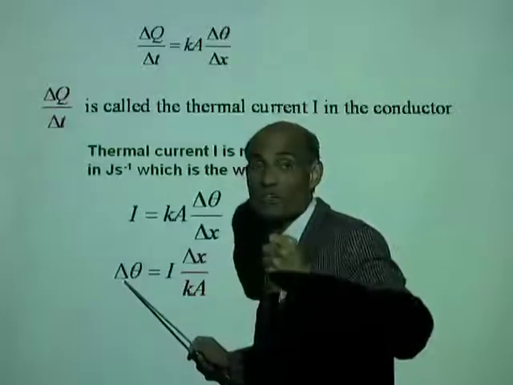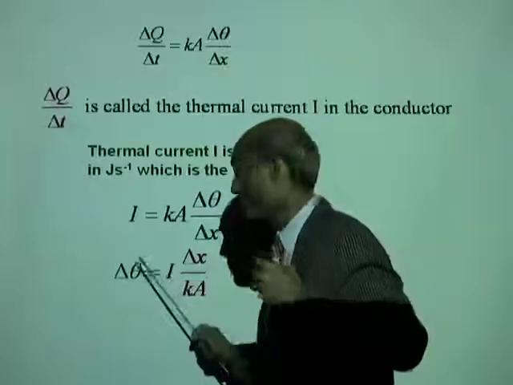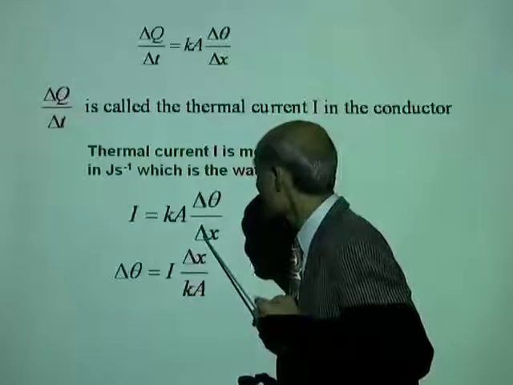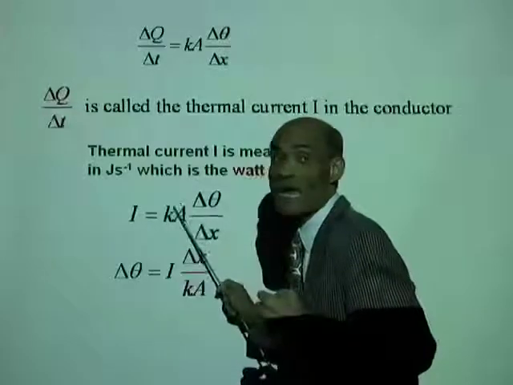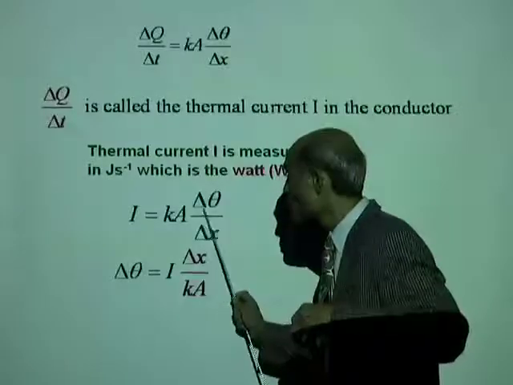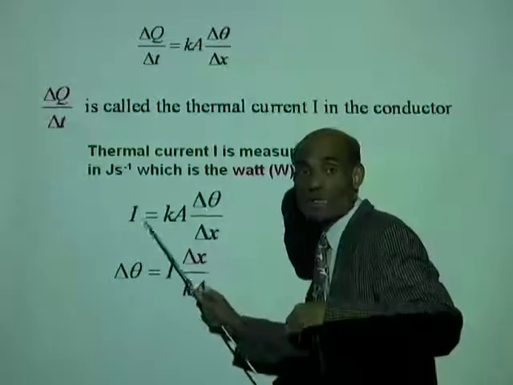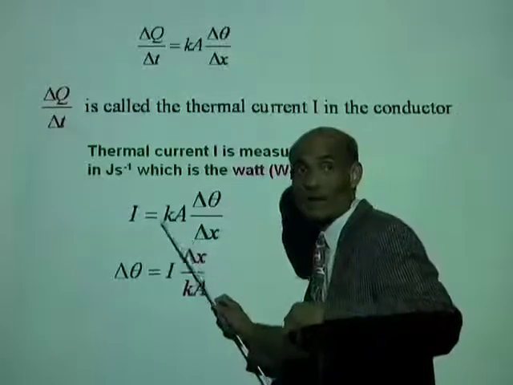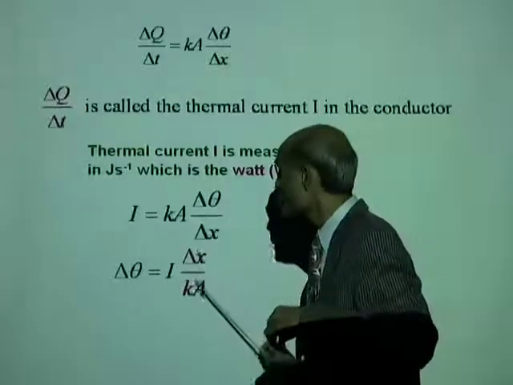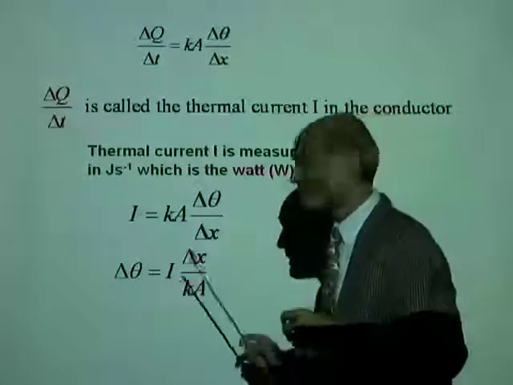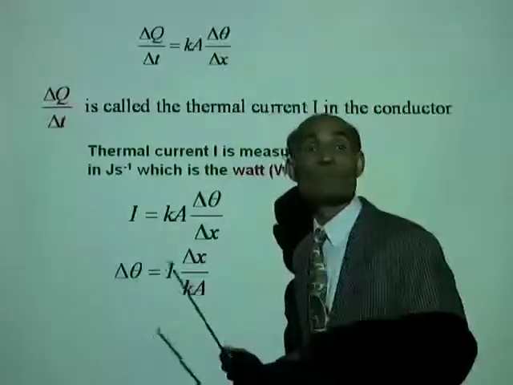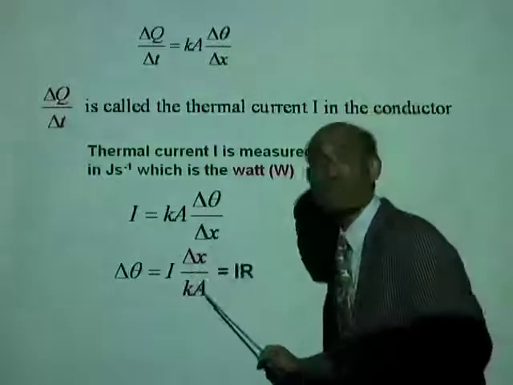Delta theta equals I times delta x divided by K a. I hope you can understand these transformations of equations. Delta theta equals I times delta x divided by K a, and I colored this delta x divided by K a because it is a very important quantity.